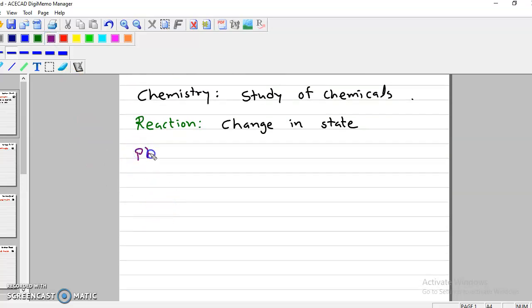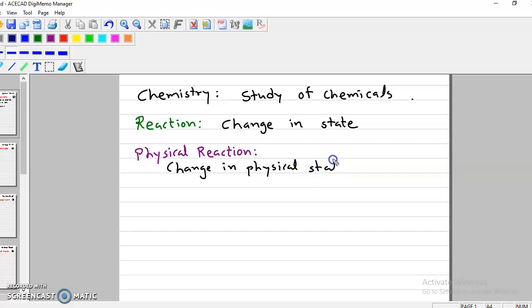physical reaction. Physical reaction means change in physical state. So, change in physical state is known as physical reaction.